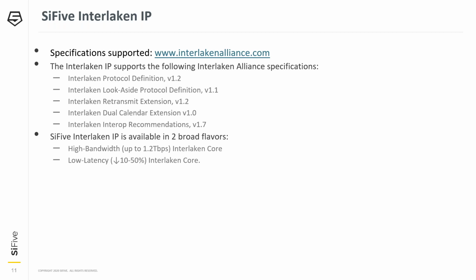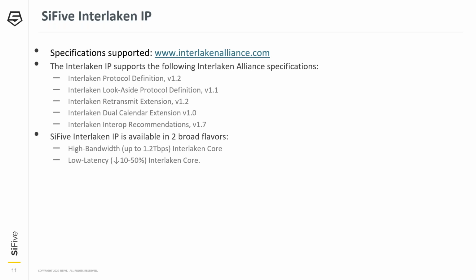So I'll just start with the standards. The Interlaken standard is maintained and promoted by the Interlaken Alliance, of which SiFive is a founding member. The Interlaken Alliance has various specifications as listed here. That is the Interlaken protocol definition, look-aside protocol definition, retransmit extension, dual calendar extension, interrupt recommendations.